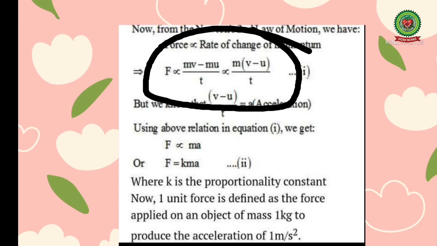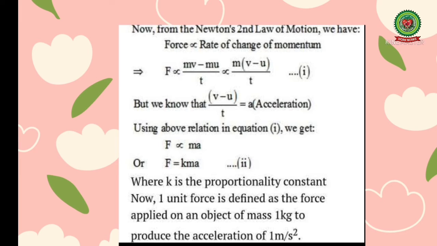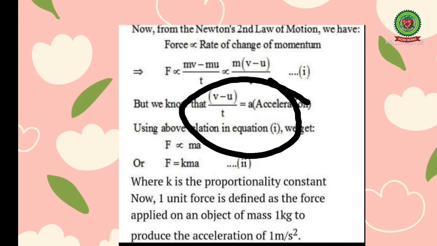Now children, according to Newton's second law, force is directly proportional to rate of change of momentum. That is, F is directly proportional to m into v minus m into u over t. And on taking m as constant, we will get m into v minus u over t. Children, according to the definition of acceleration, the rate of change of velocity is said to be acceleration.